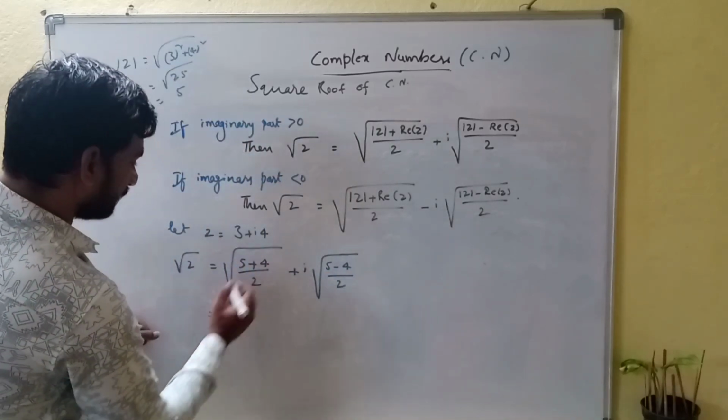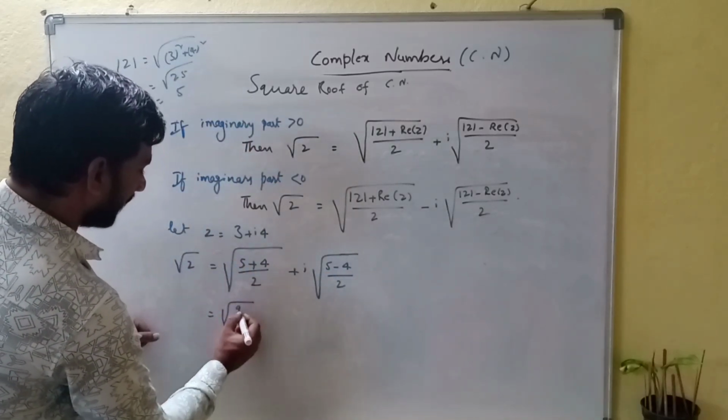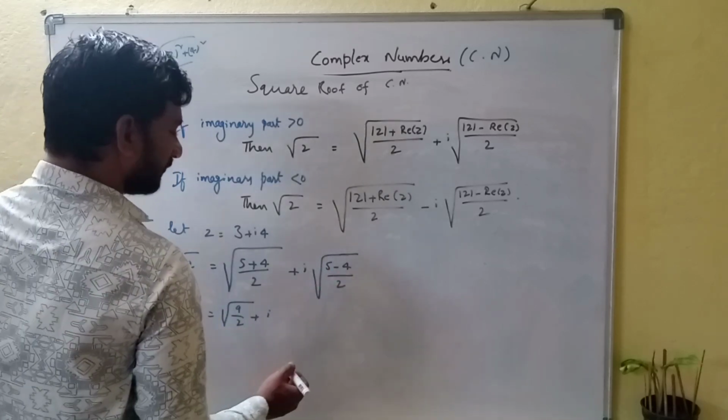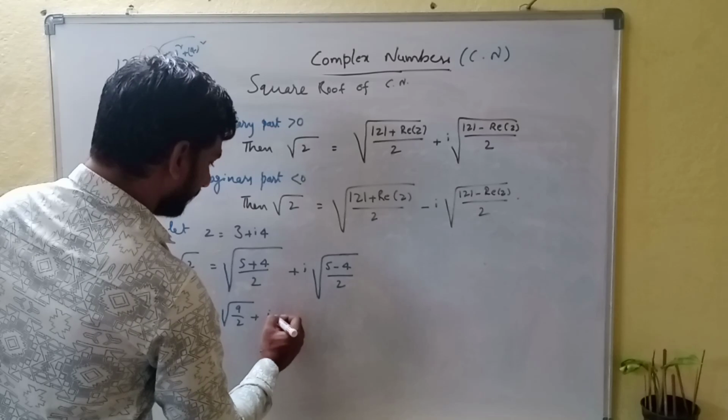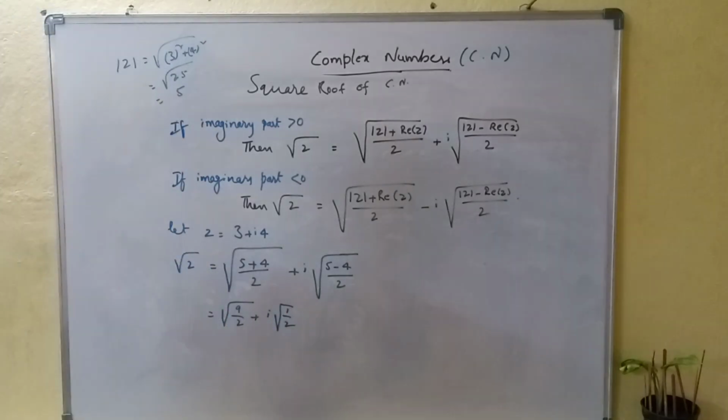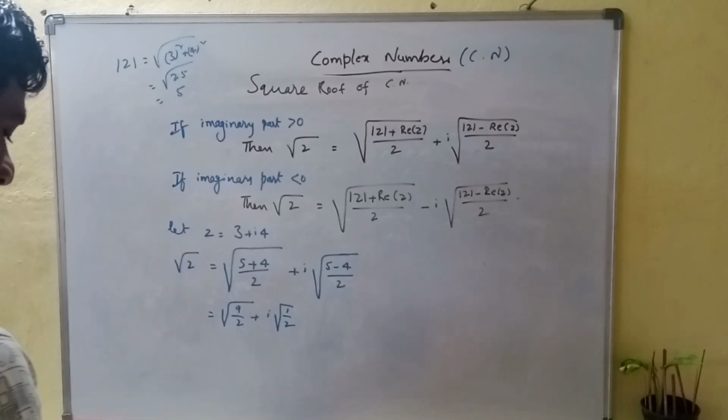So what will this become? Under root 8 by 2, plus i into 5 minus 3 is 2, so under root 2 by 2. So this is the square root of this complex number.